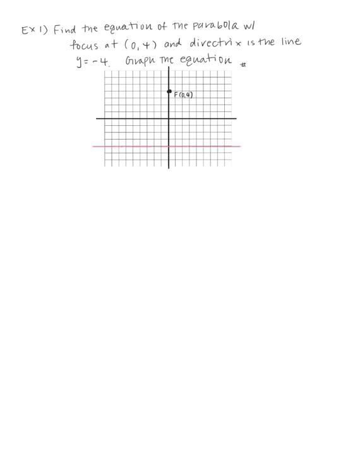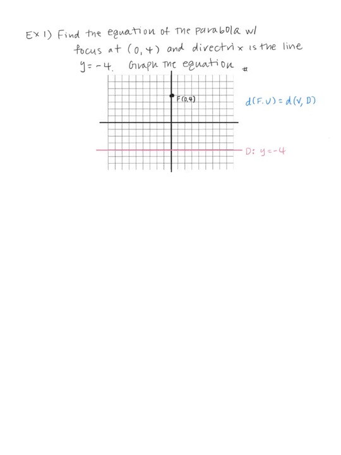So this is our directrix. Now remember, the important thing is that the distance from the focus to the vertex must be the same as the distance from the vertex to the directrix.